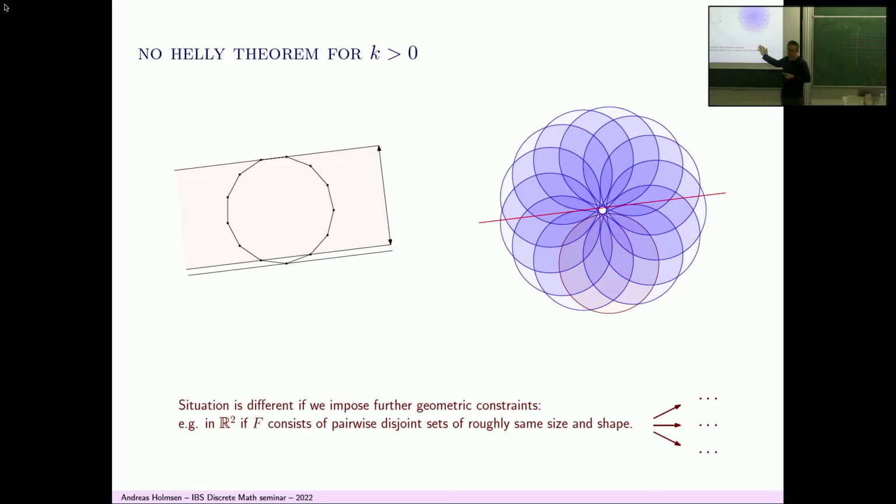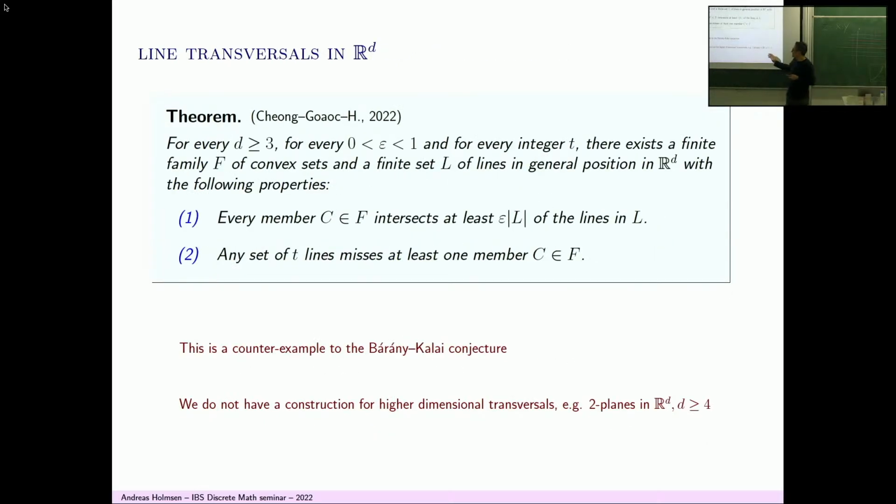For example, for unit balls, you will have a weak epsilon net theorem. If I'm not mistaken, you will have a strong epsilon net theorem because unit balls are defined by semi-algebraic sets, and you will get bounded VC dimension, and all kinds of nice things will happen. So it's kind of not so interesting.